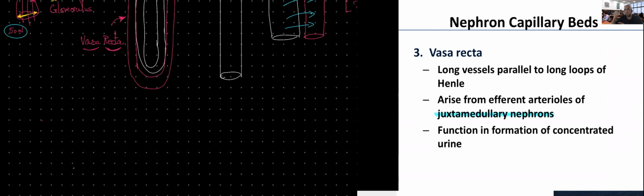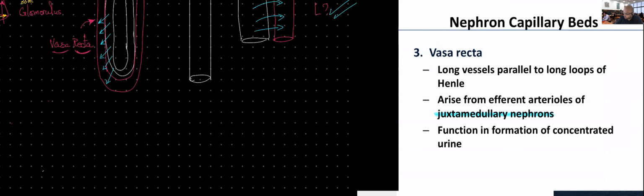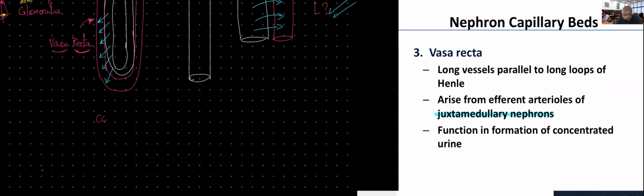And if you remember, why did I have those long loops of Henle? To allow water reabsorption, free water reabsorption. I'm getting more water back from the kidney tubules to my blood. And this allowed me to create concentrated urine.